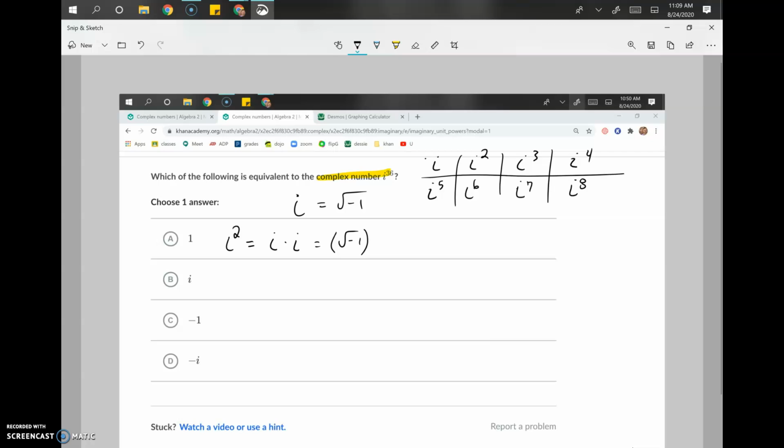So if we take i squared, we're really just taking the square root of -1, squared. And we can rewrite this as -1 to the 1/2 power, squared, because the square root of -1 and -1 to the 1/2 power are the same thing.